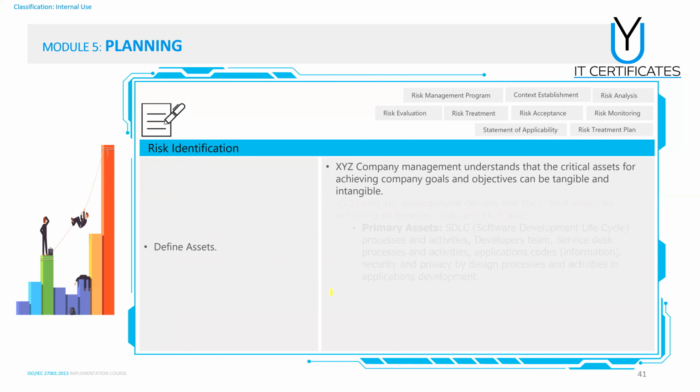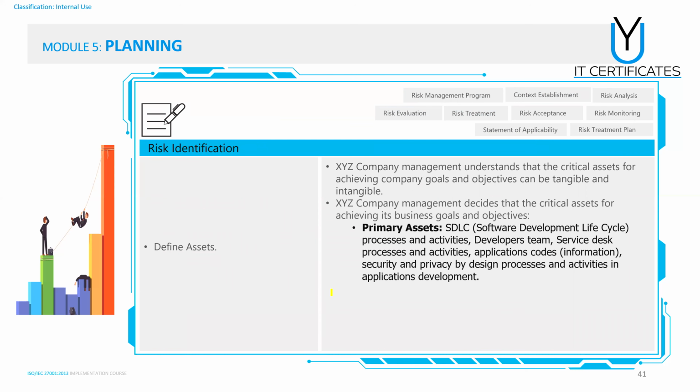this means that you will be able to discover the assets. And if you do the context establishment and understand the organization through the mission, objectives, goals, and so on, we will find that we have two types of assets. The primary assets are the software development life cycle, because they are developing applications for the customers, the developers team, service desk processes and activities.